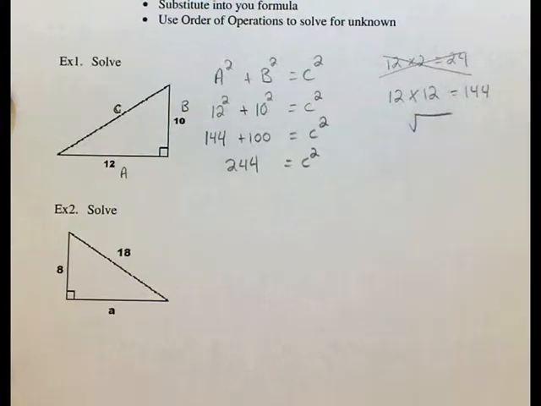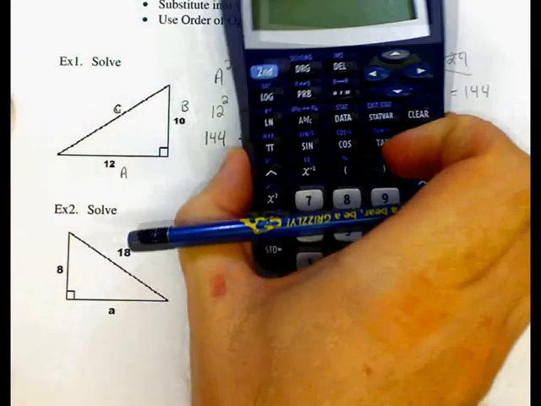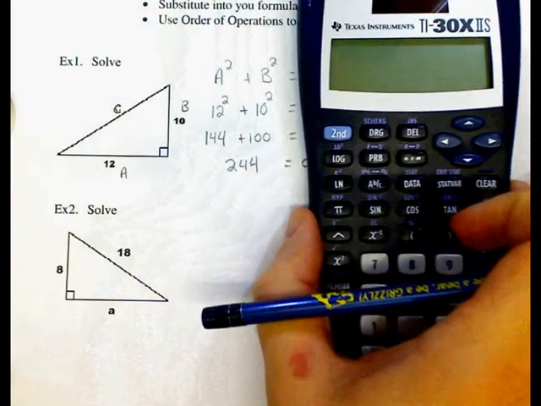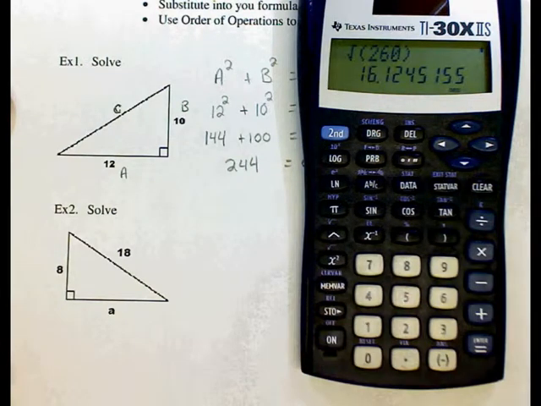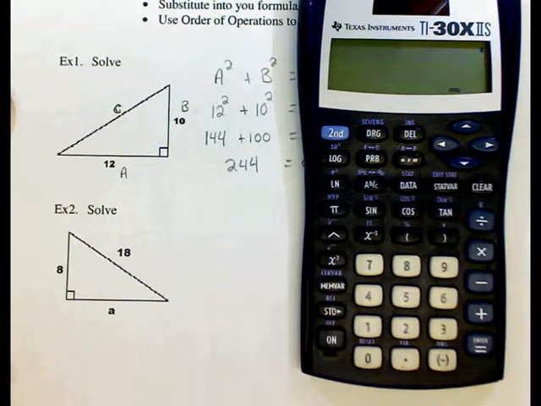So now we're going to take our calculator there. We're going to turn it on, clear it, and we are going to take the square root of 244. Each calculator is slightly different in how you are going to enter the information.